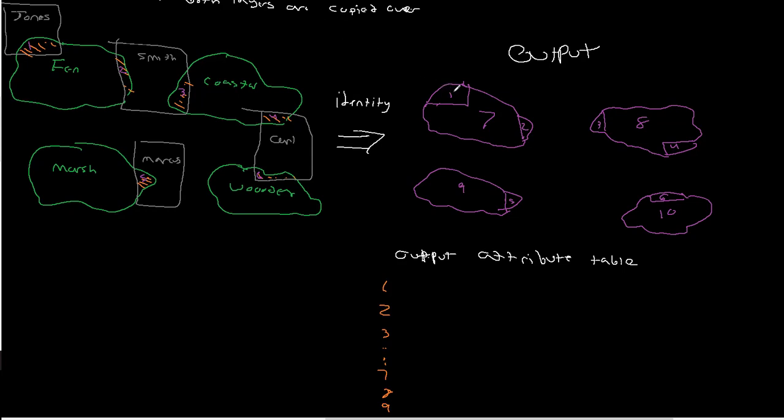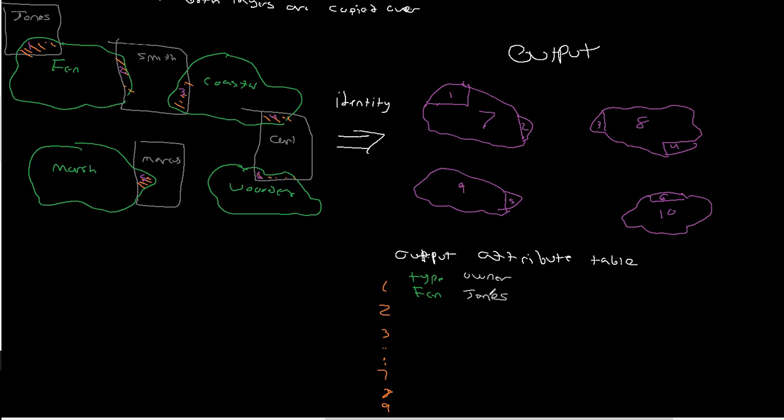So for 1, for example, it's going to pull the type from the wetland part of the overlap, which is fen. And then it's going to pull the owner attribute from the construction site part of the overlap, which is Jones.